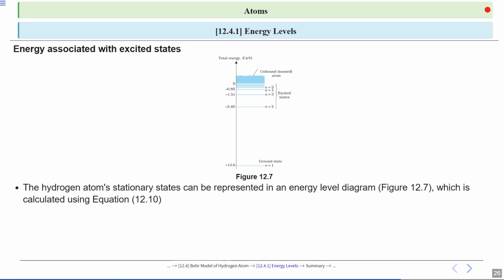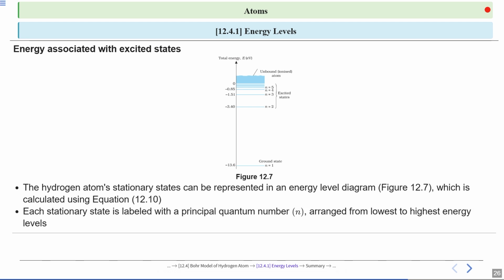So the diagram shows the stationary states of the hydrogen atom, which are specific energy levels where the electron can exist without radiating energy. These energy levels are calculated using equation 12.10, which gives us the energy for each state.